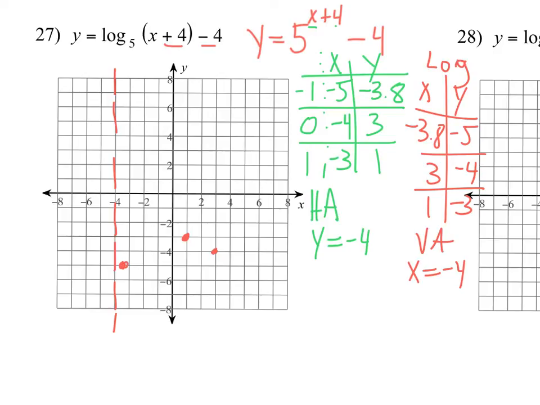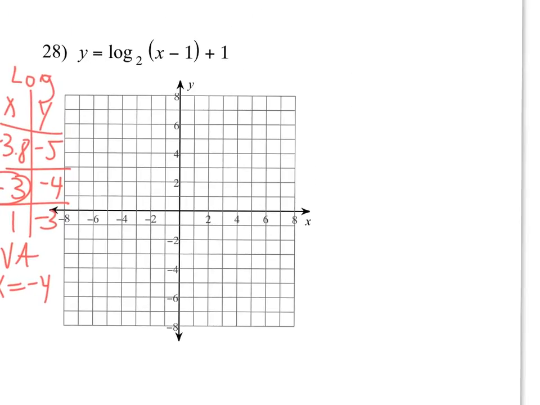I'm going to check my math very quickly to make sure something didn't go wrong. For example, if I plug in -4, 5 to the 0 is 1, so 1 minus 4 was not 3, it's -3. This should actually be -3, -4, not 3, -4. So -3, -4, and that makes my equation look a lot more like it's supposed to in terms of points.